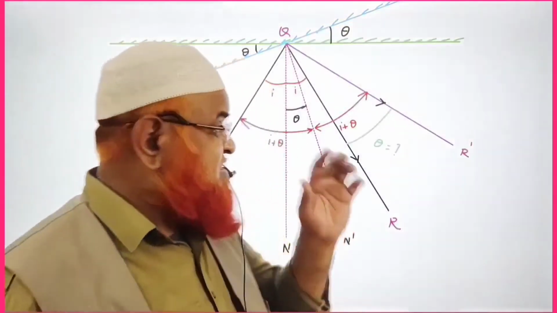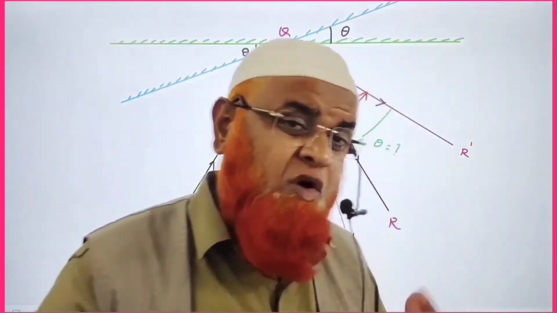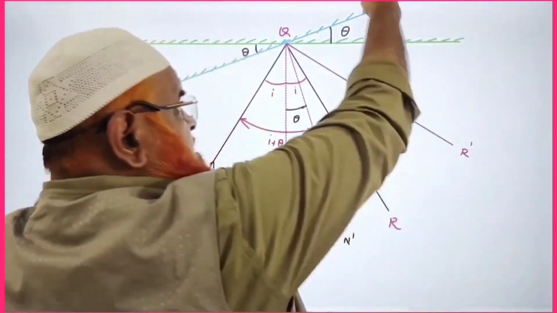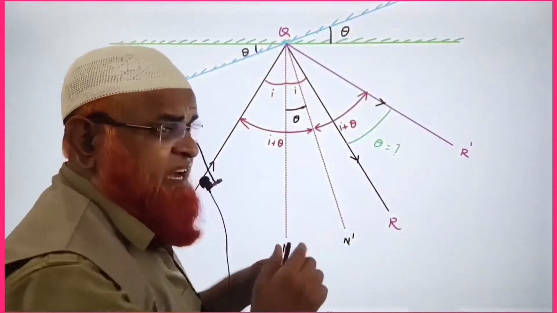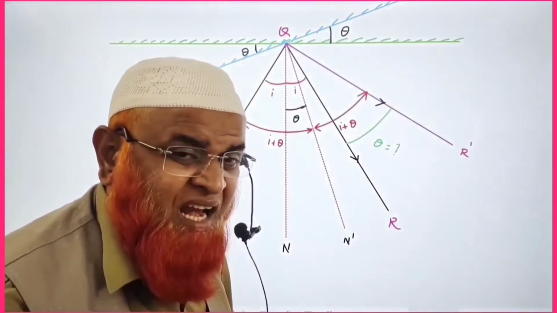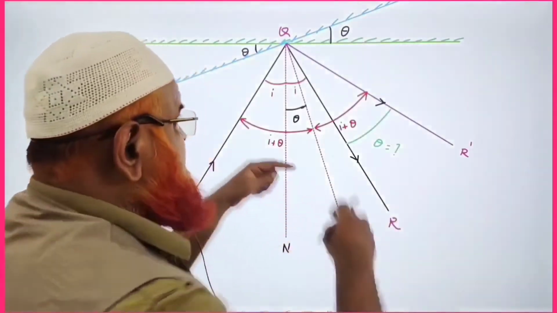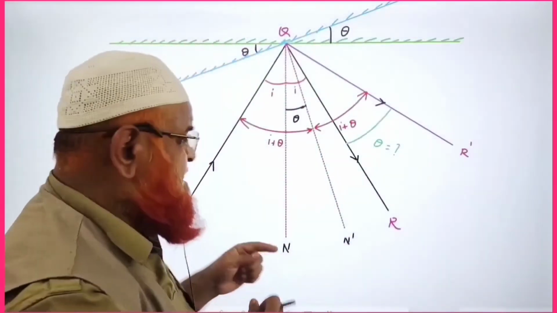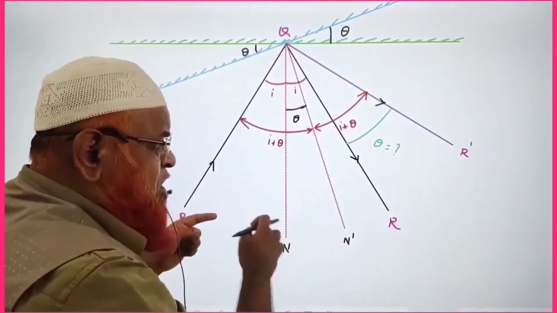My dear students, this is a rotation of a mirror. What happens in the rotation of a mirror concept? Let us see, this is a mirror. It has been rotated through an angle theta. If it is rotated through an angle theta, how much is the reflected ray rotated? When the mirror is in this horizontal direction, this is the incident ray, this is the reflected ray, and this is the normal.